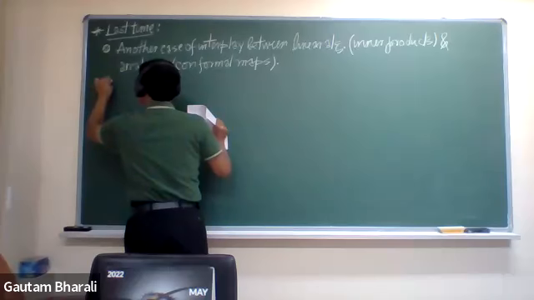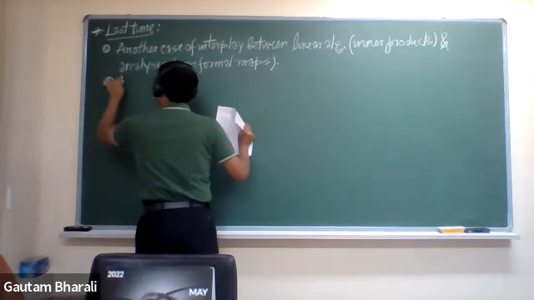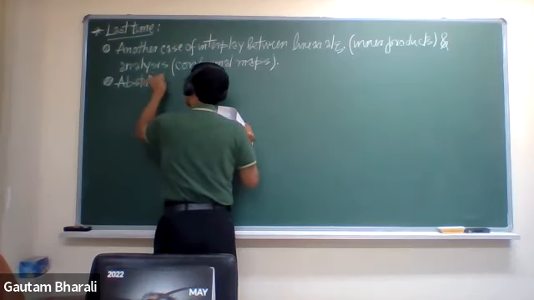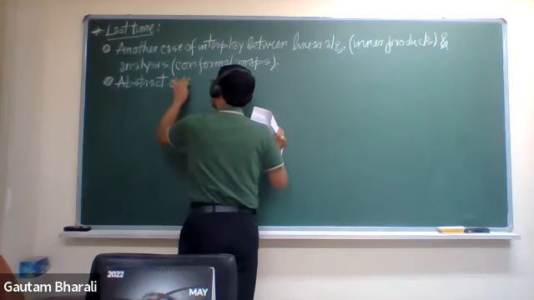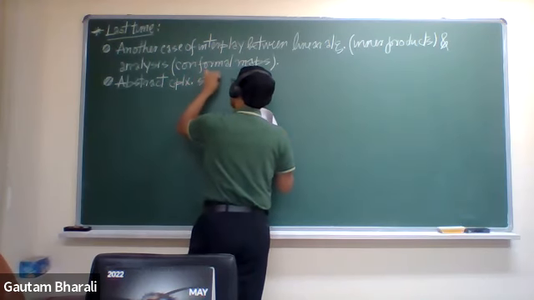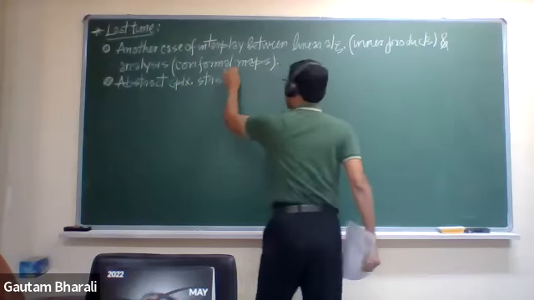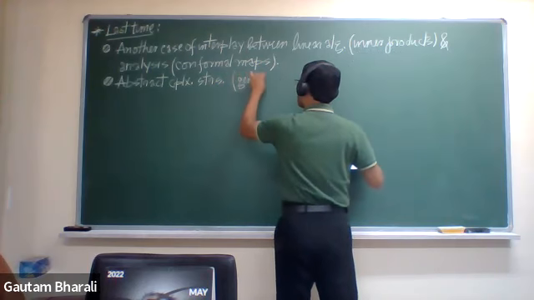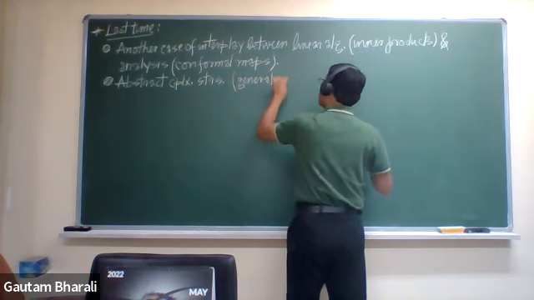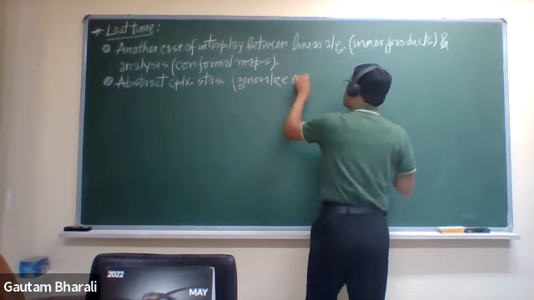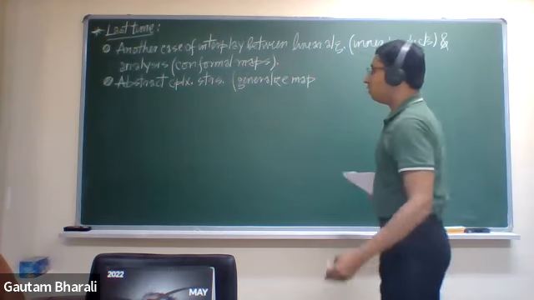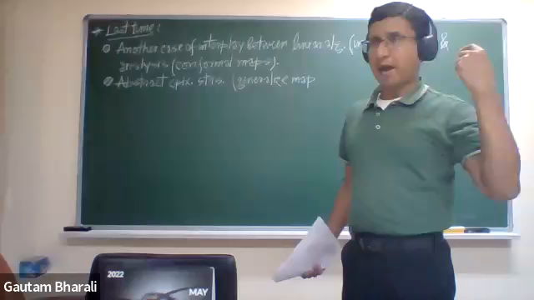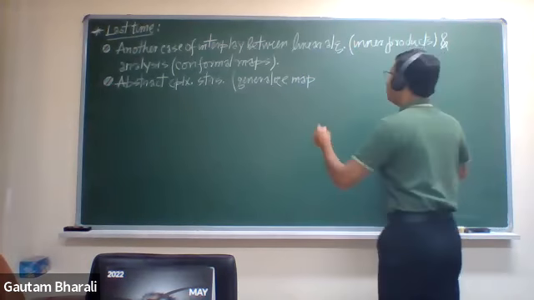Then I had defined abstract almost complex structures. So these abstract complex structures generalize the maps that you had seen during lecture 1, tutorial 1, and tutorial 2.